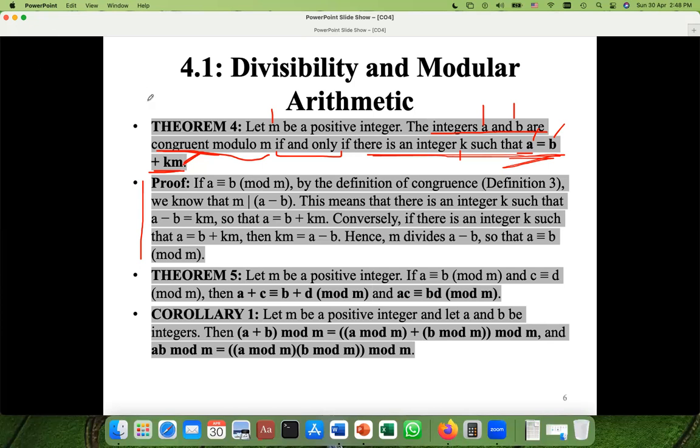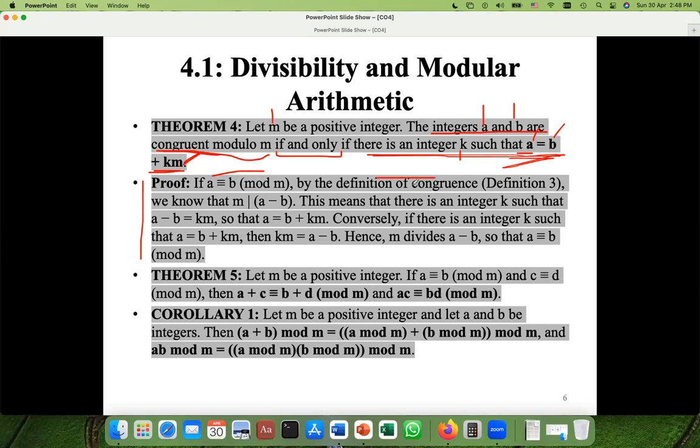So here in this proof, we are starting from the left hand side. Integers a and b are congruent modulo m, which in mathematical form is a congruent to b mod m. So this is the left hand side of the theorem statement. Now we are using the definition of congruence on this equation.